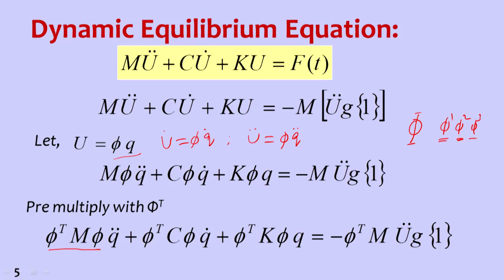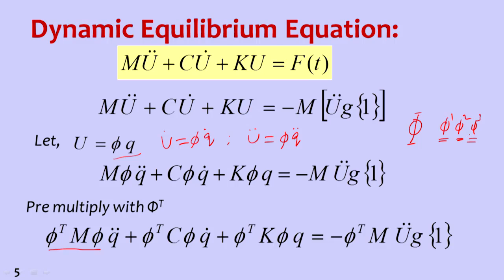In the previous classes, we have discussed that these mode shapes are orthogonal to each other. Each mode shape is perpendicular to the other mode shapes.